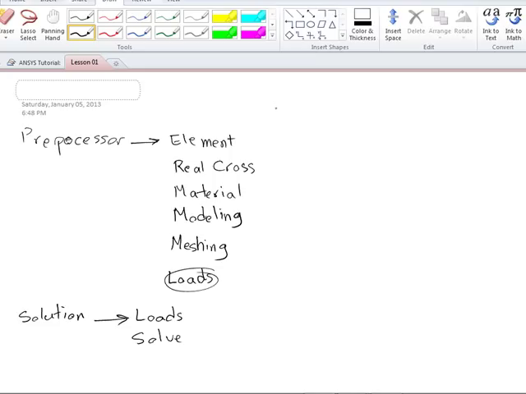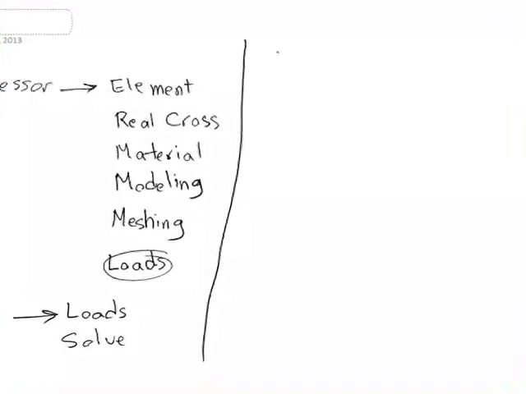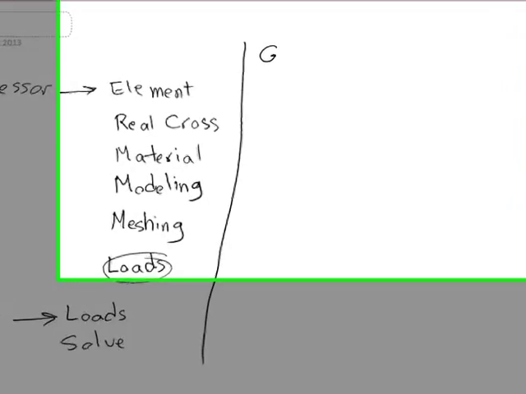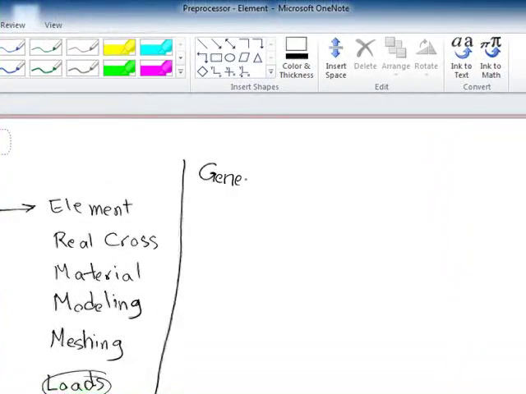And after you're done with your analysis, what you have to do is to read your results, which is under the general step, which is called general post process, during which you can read results.